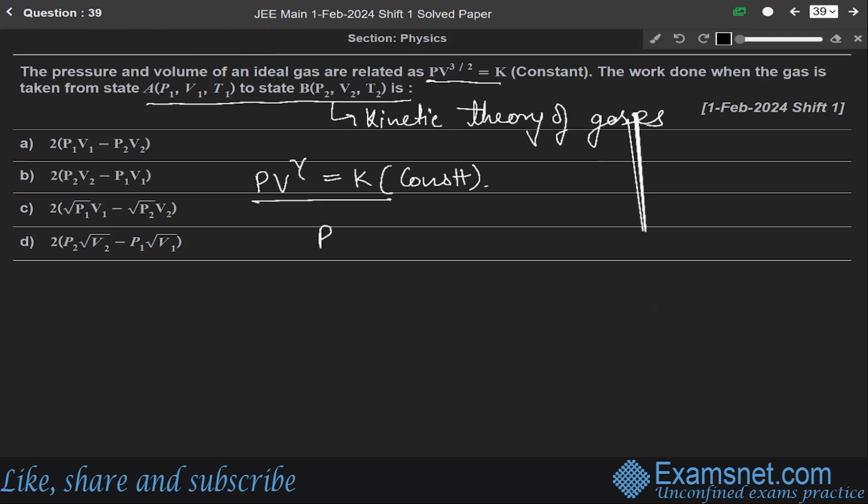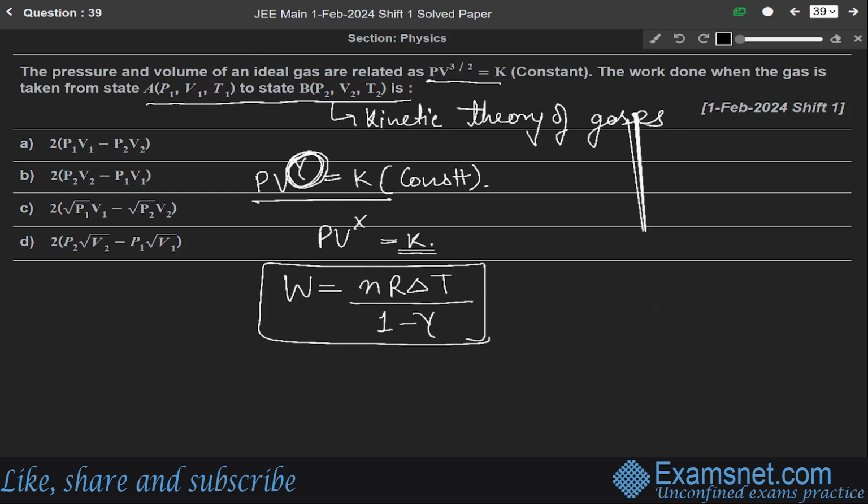Now, for PV to the power X equals to constant, if work is done, so the work done formula in case of such type of equation where we are given the value of gamma, the work done is given as nR delta T over 1 minus gamma. This is the formula for an adiabatic process when we are given PV gamma equals to constant.